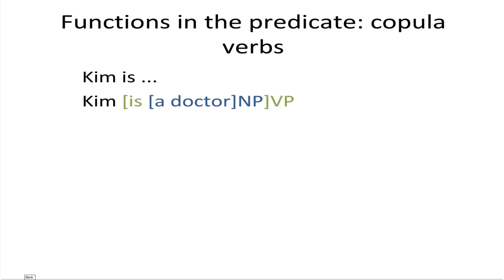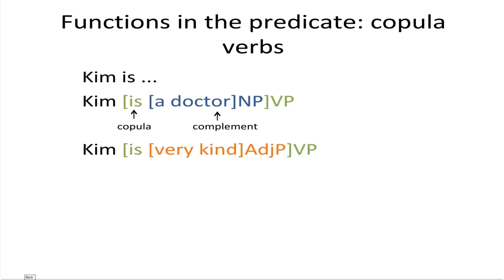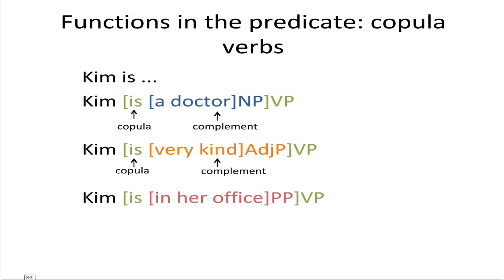They can be a noun phrase, as in Kim is a doctor, where is is the copula verb, and a doctor is the complement noun phrase. They can be adjective phrases, as in Kim is very kind, where is is again the copula verb, and very kind is the complement. Or they can be prepositional phrases, as in Kim is in her office, where is is again a copula, and in her office, the prepositional phrase, is the complement here.